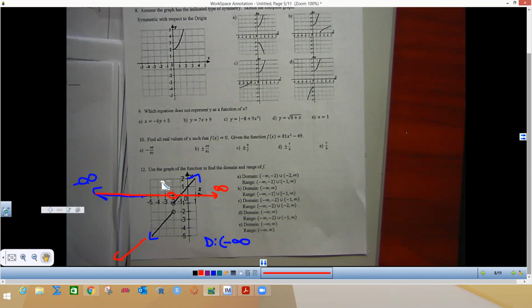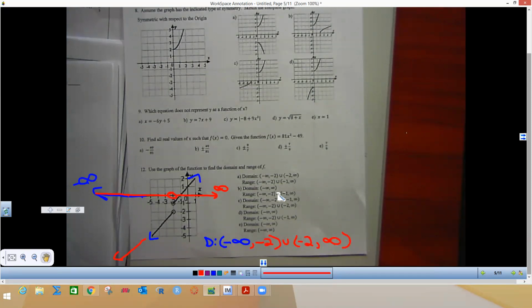So when I do this problem, I'm going to go from negative infinity to -2, and it didn't work because there was no dot there. And then I do a U or the word and, and I jump over -2. Remember, parentheses means it doesn't work. If it had a bracket, it means it works. So right there is my domain.